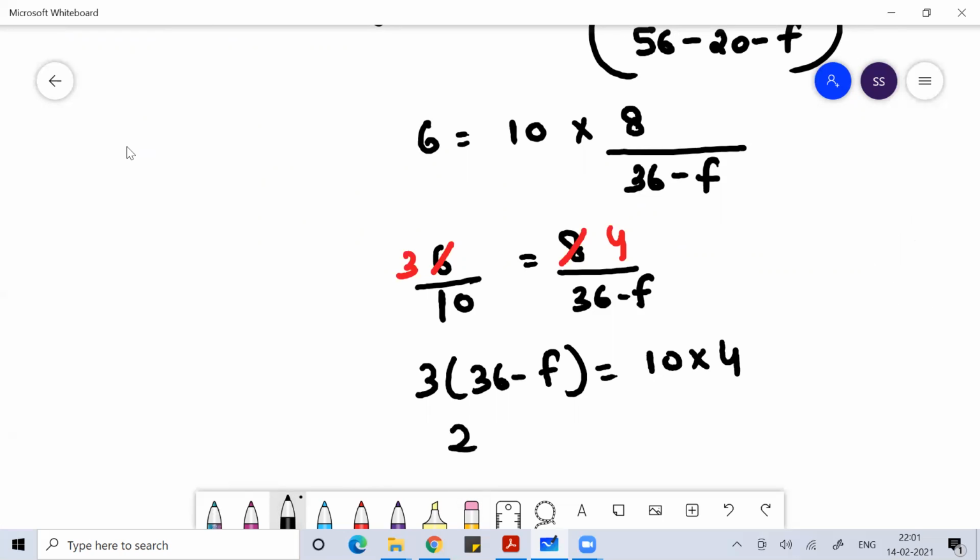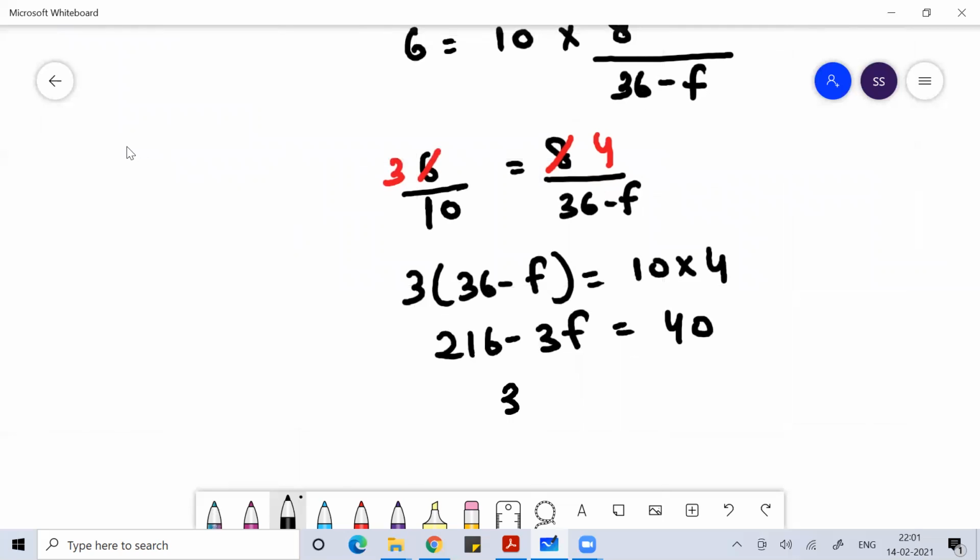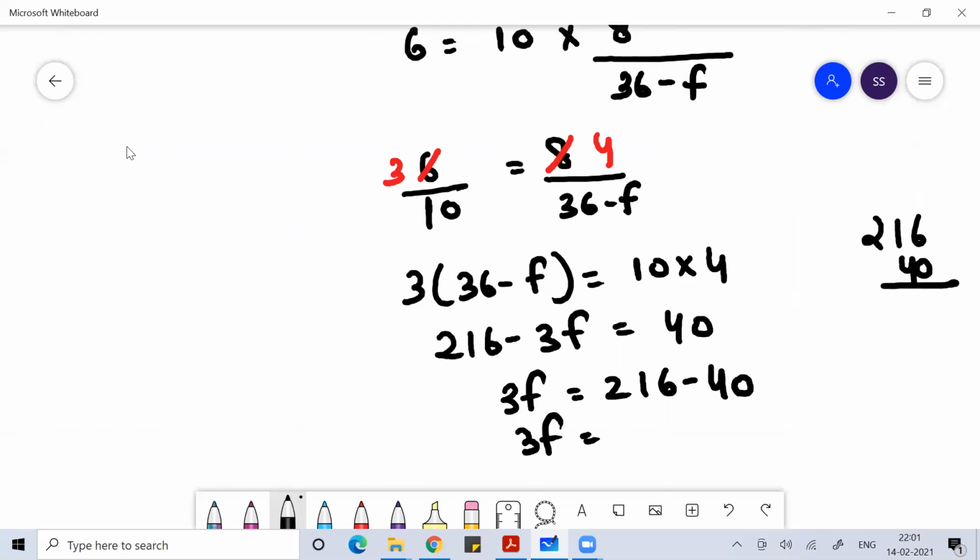So this is 216 minus 3f equal to 40, and you can write 3f is equal to 216 minus 40, which is 176.